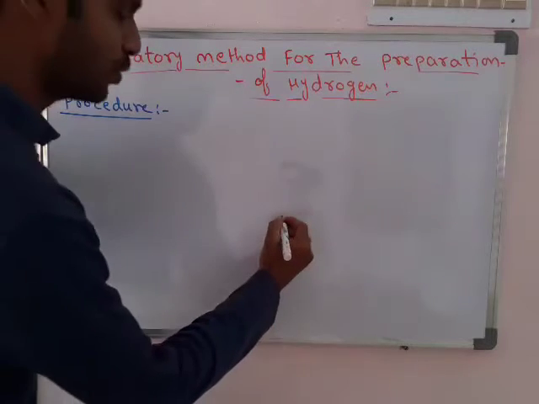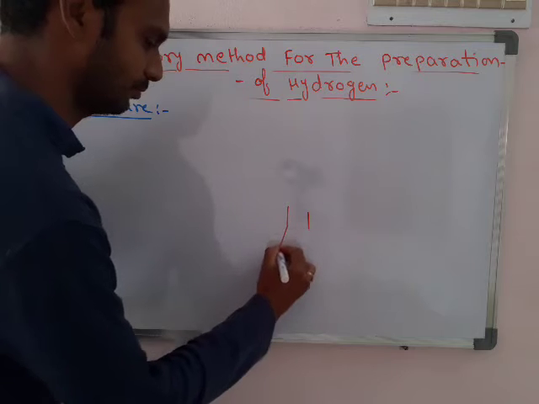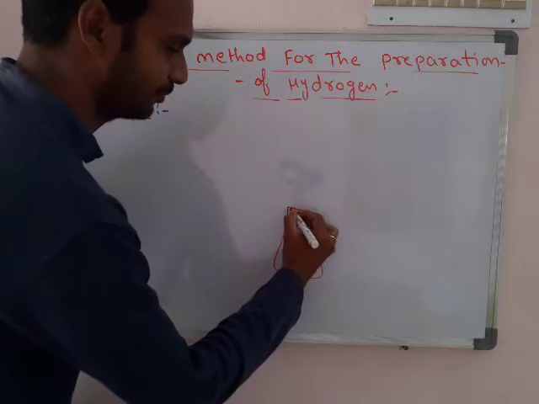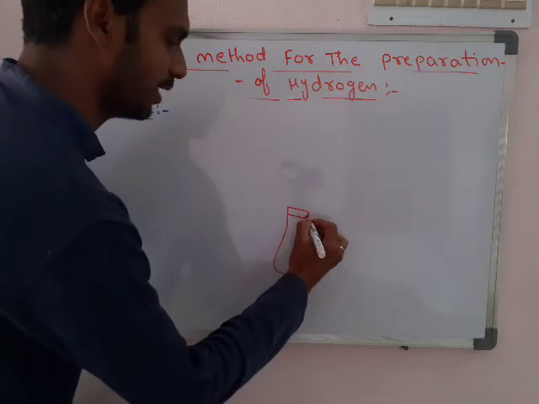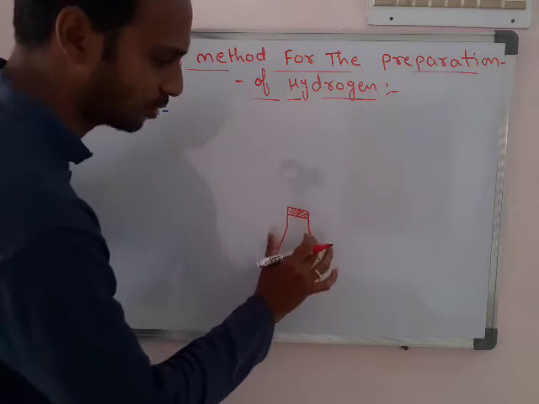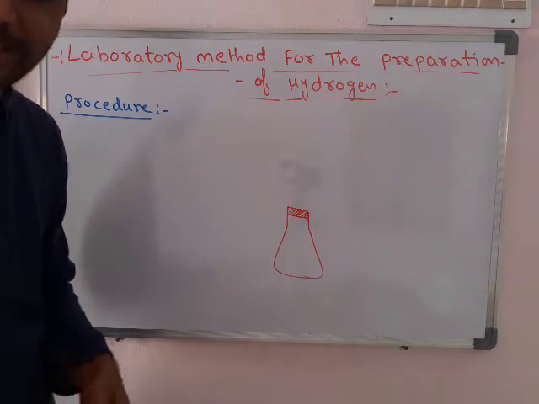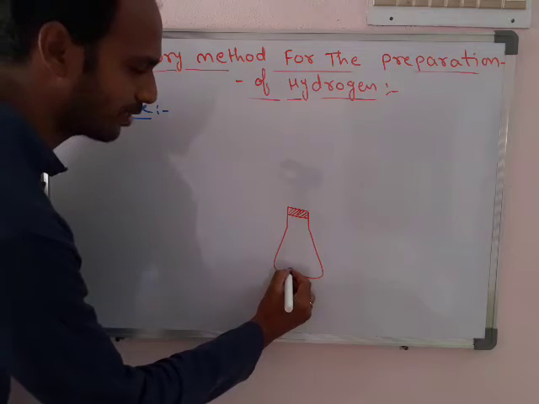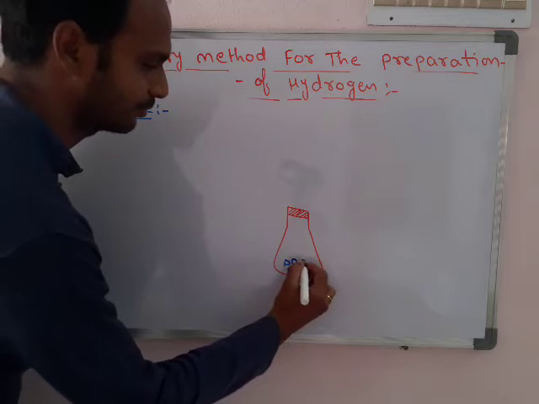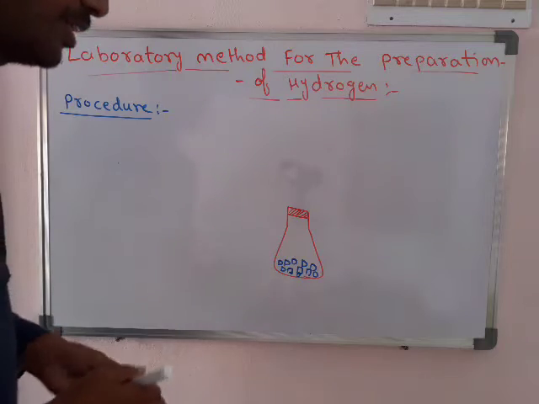Take a conical flask. It is perfectly closed with a rubber cork which has two holes. In this conical flask, take granulated zinc pieces.